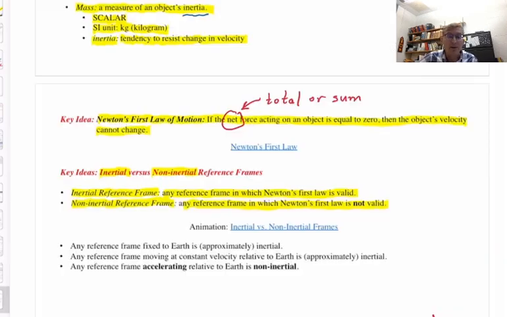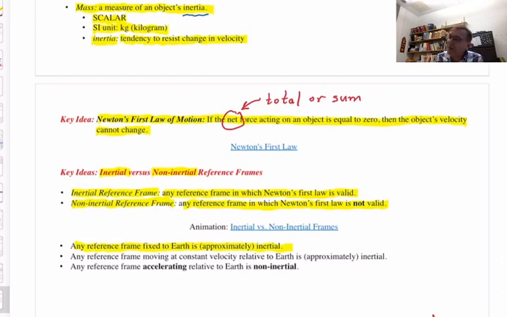So now let's go back to our notes and make a couple more comments. Things that are really important to note for our work in solving homework problems and talking about dynamics in class. First, any reference frame fixed to Earth is going to be taken to be inertial. Yes, technically, very technically, it's true that Earth itself is only approximately inertial.